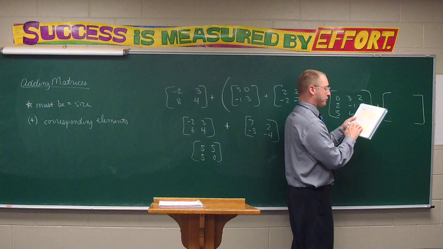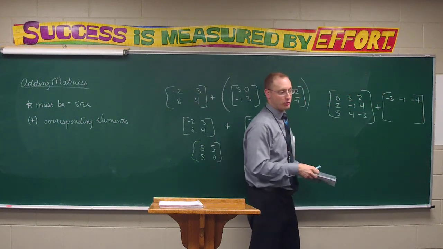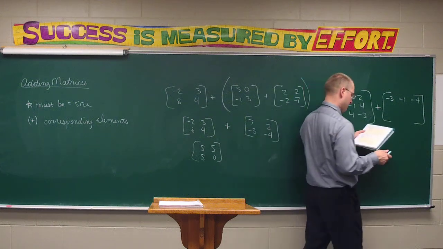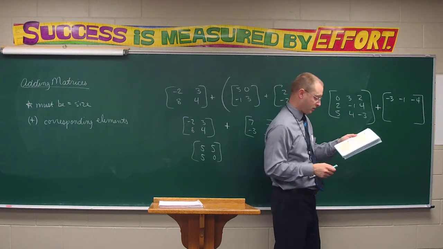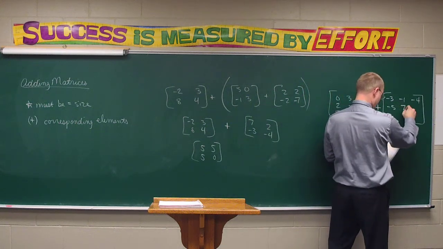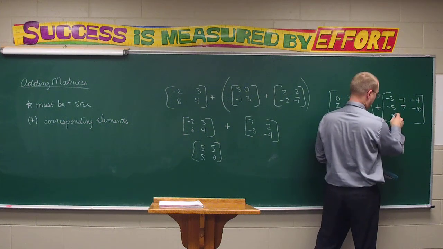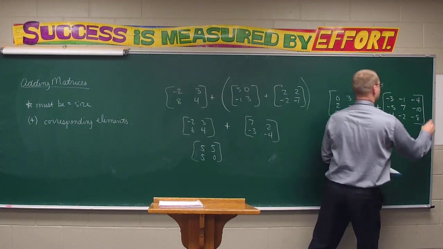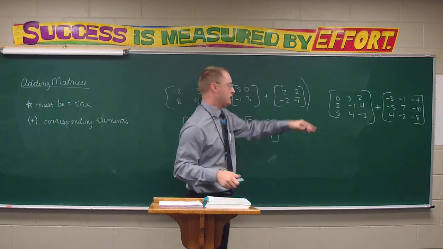So instead of writing 3, 1, 4, negative 3, negative 1, negative 4, how should I write the next row in the matrix, Audrey? Positive 7, negative 10. Good. And what about the next row in the matrix, Genesis? 4, negative 2. Good. Okay, so we don't subtract, we add the inverse. If it says subtract, change it to adding the inverse.